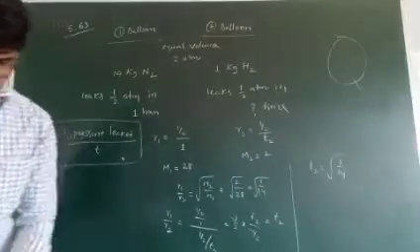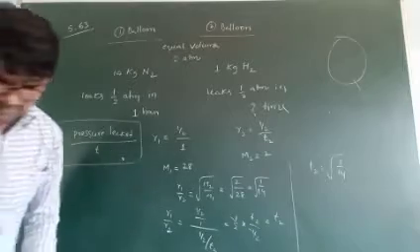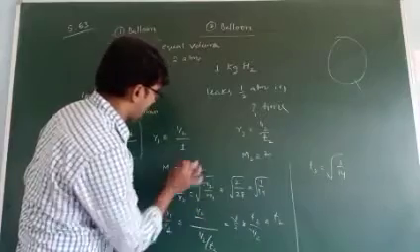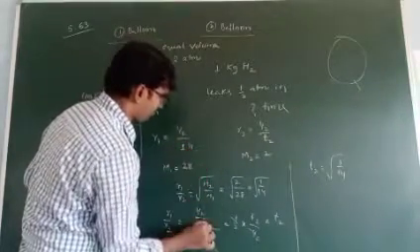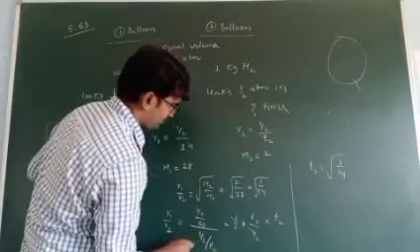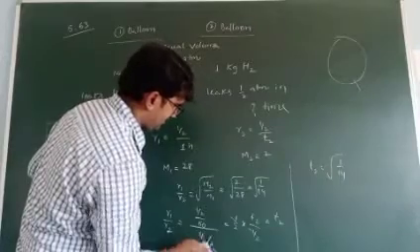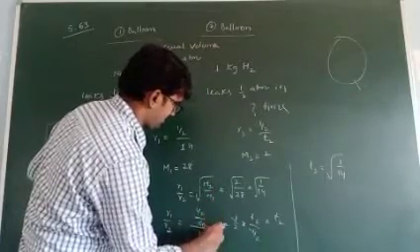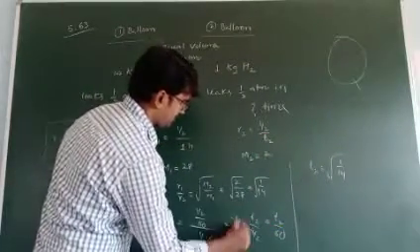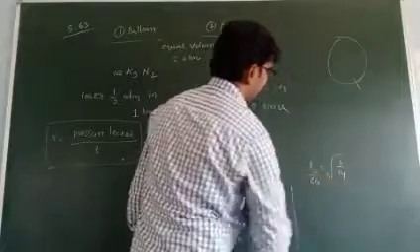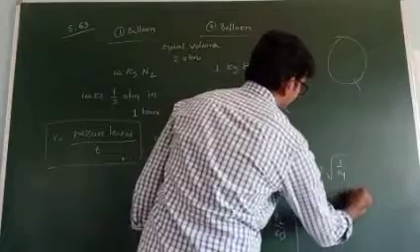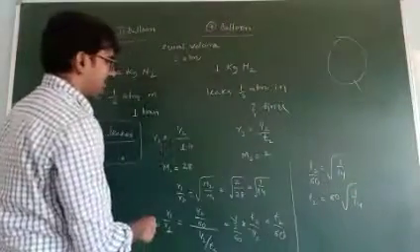But the problem here is that 1 hour is given, so that is equal to 60 minutes. So T2 by 60. Then T2 is equal to 60 into root over 1/14. 1 hour means 60 minutes.